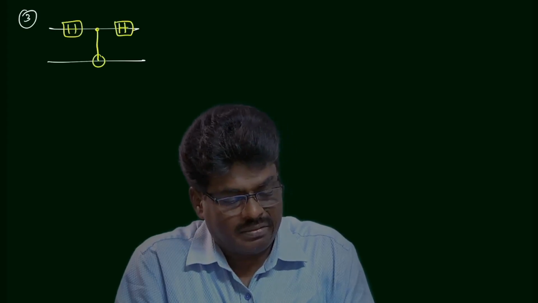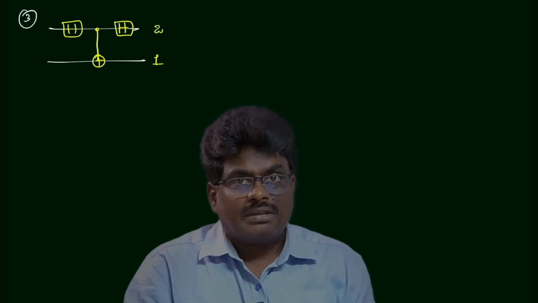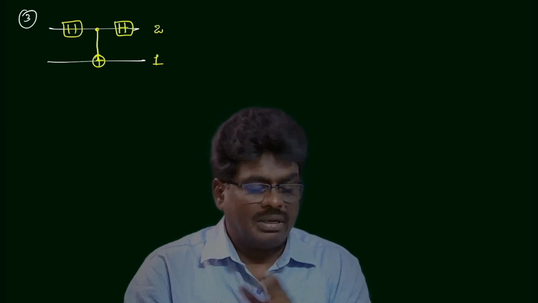Now here third one I'm taking. Let us take like this is the Hadamard gate, and here we have controlled not, CNOT. Now two qubits 1 and 2. Okay, so you have to take from left to right.